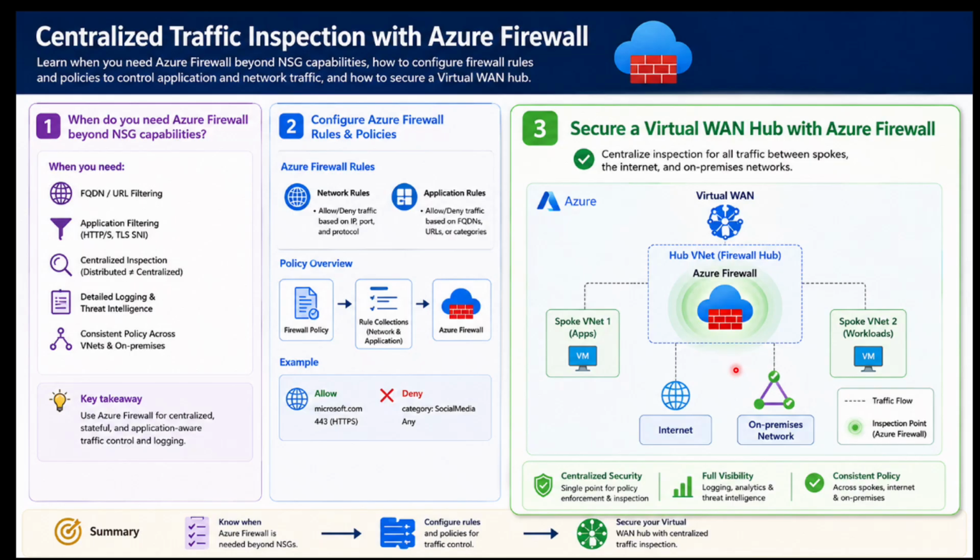Now, before we get into the portal and the hands-on portion of this, let's set the stage. You need to learn when you need Azure Firewall beyond the NSG capabilities I just stated, how to configure firewall rules and policies to control application and network traffic, and how to secure a virtual WAN hub, or at least understand the components and what to look at for security purposes.